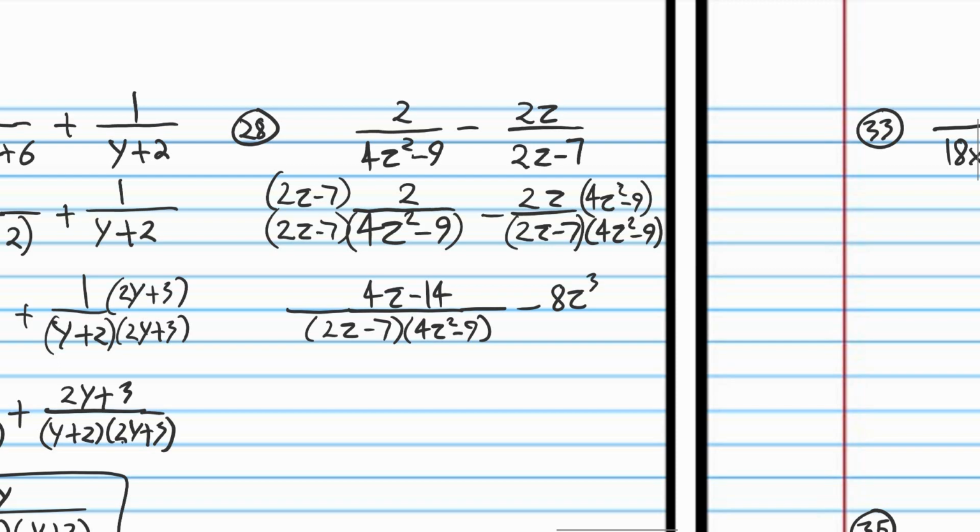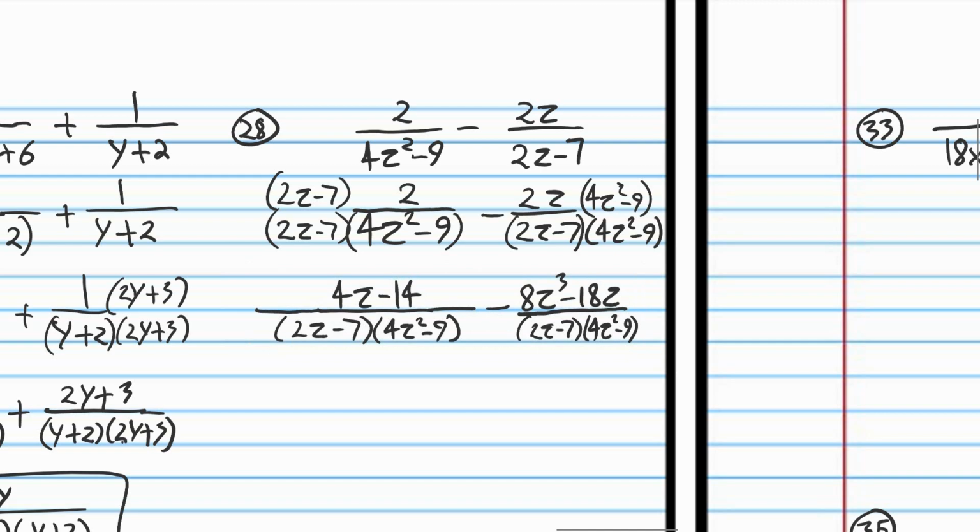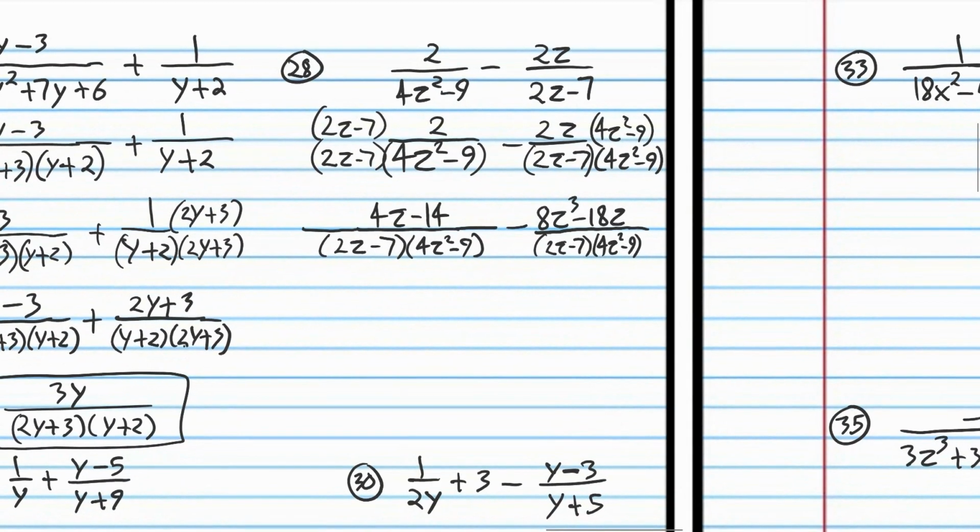And 2z times negative 9 is negative 18z. And now we have a common denominator.